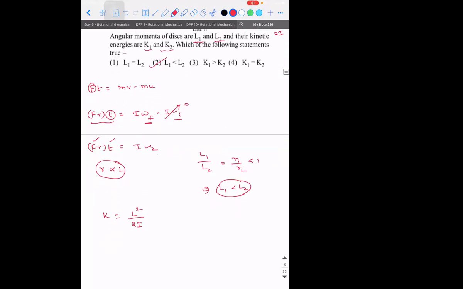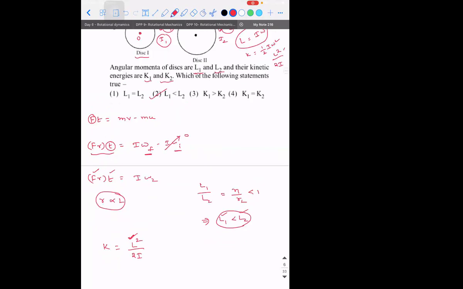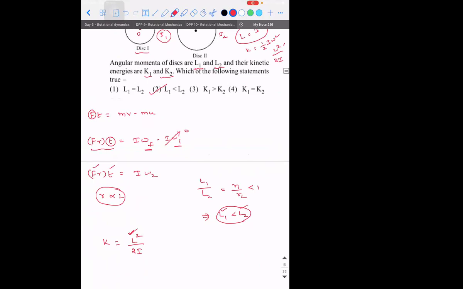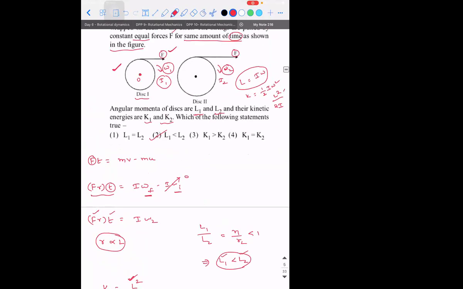So what will happen now? The angular momentum is decreasing. What will happen to the moment of inertia? Out of both the disks, which one will have more moment of inertia and which one will have less moment of inertia?